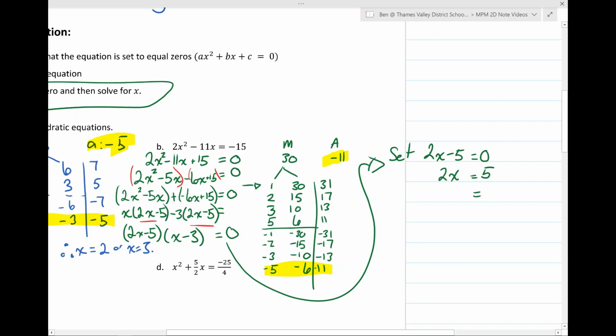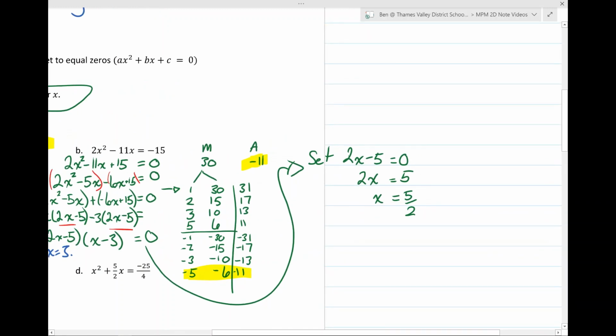And then I divide both sides by 2, leaving me with x equals 5 over 2. That's my first solution. Then I'm also going to set x minus 3 equal to 0. That tells me that x equals 3 after I add 3 to both sides. Therefore, x equals 5 over 2, or x equals 3.